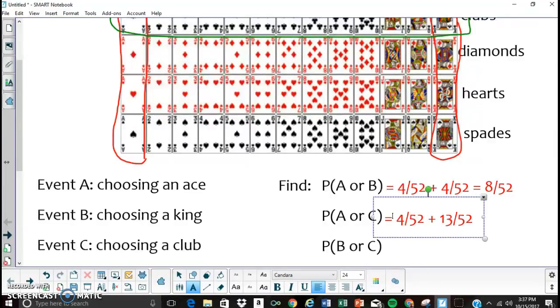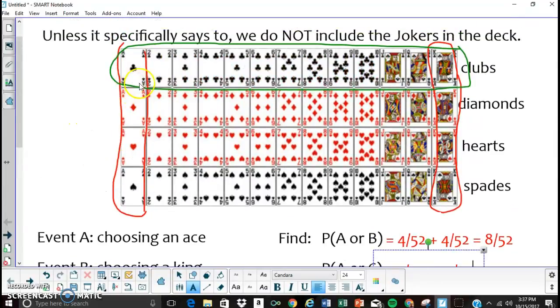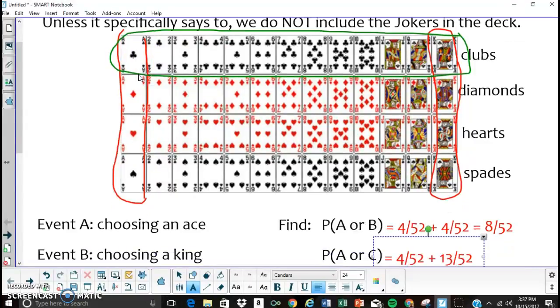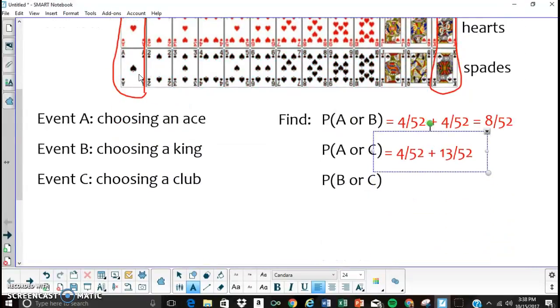But I've got this little guy right here that is both, so they are not mutually exclusive. So here's where I have to subtract that ace of clubs. I included it here, and I included it here. That's twice, so I need to take it out so I only include it once. That gives me 4 plus 13 is 17, minus 1 is 16 out of 52.